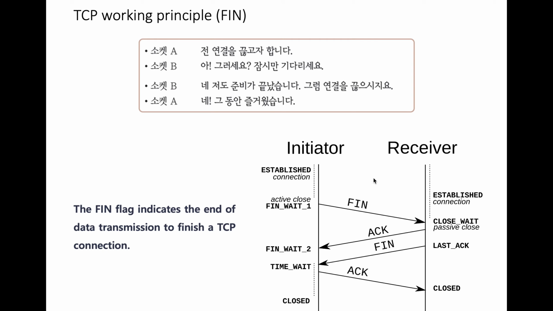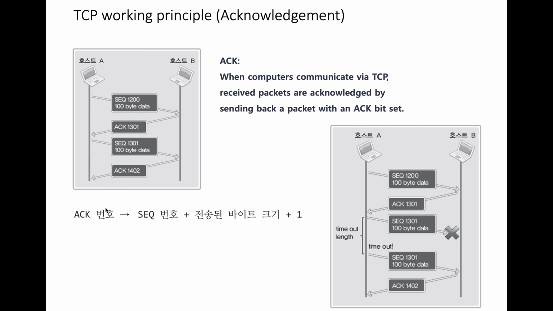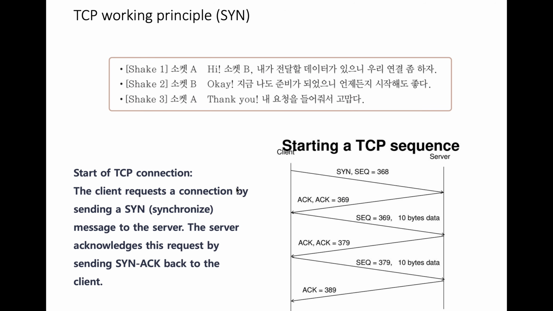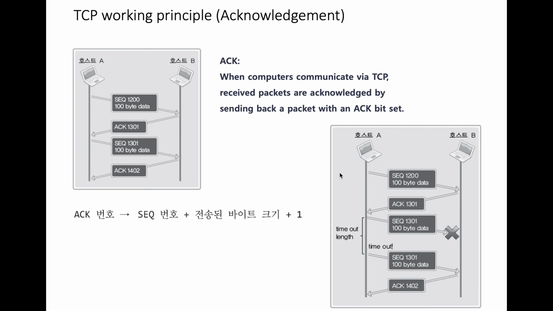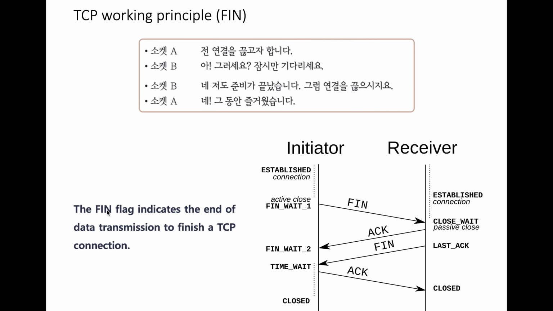All right, when the connection is being finished, this kind of sequence is used. Instead of the synchronize flag, we'll be using the FIN flag to finish the socket. That means just closing.